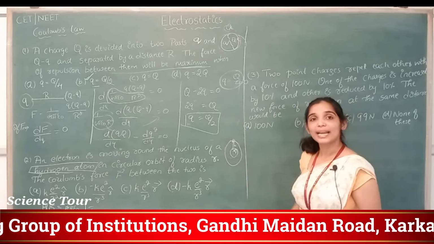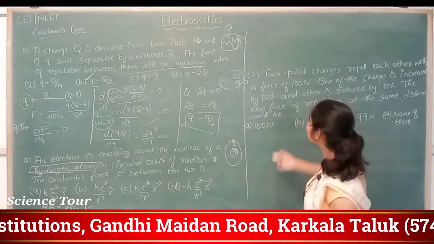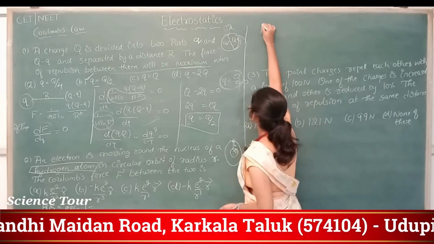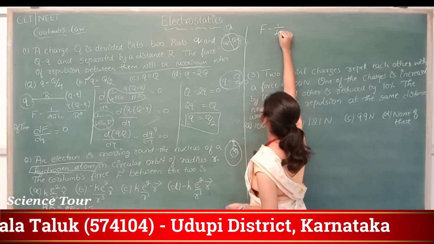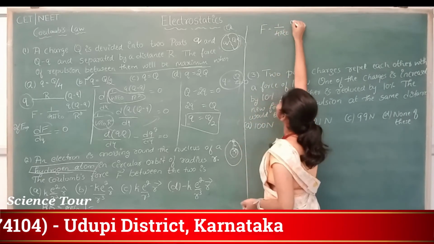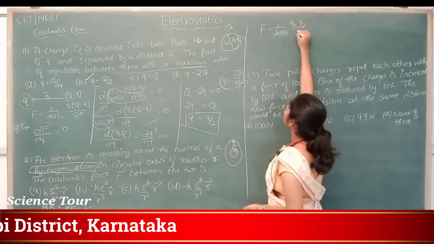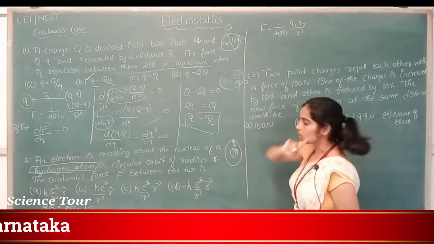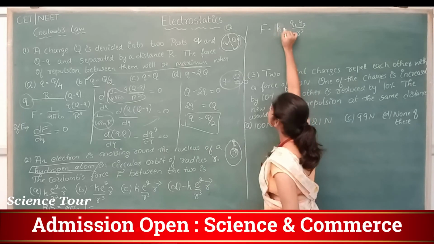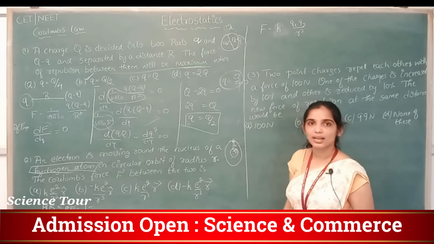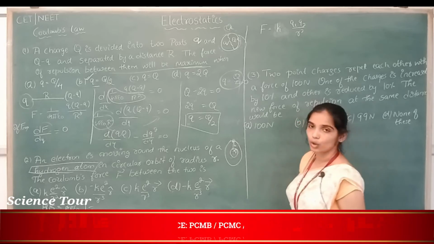Then what is the electrostatic force between them? From Coulomb's law, the electrostatic force is 1 by 4 pi epsilon naught, q1 into q2 by r square. Here 1 by 4 pi epsilon naught is k. Correct? K is the 1 by 4 pi epsilon naught value.